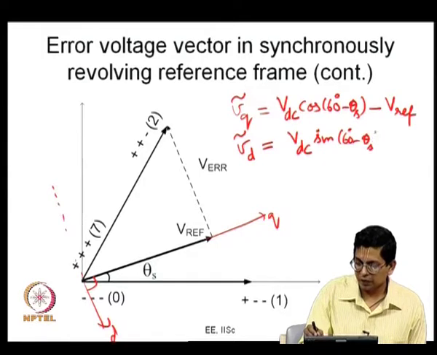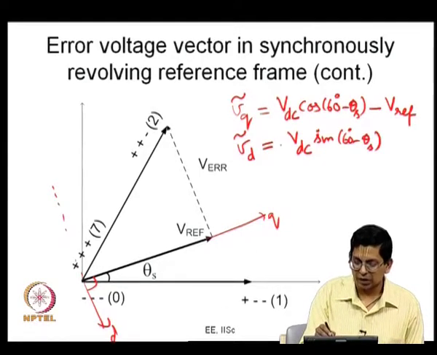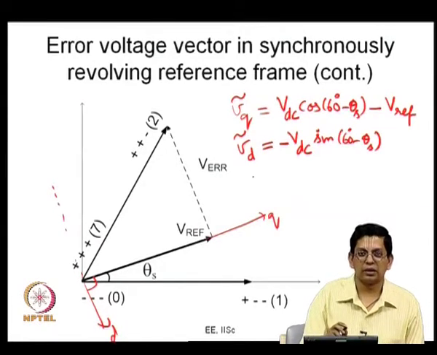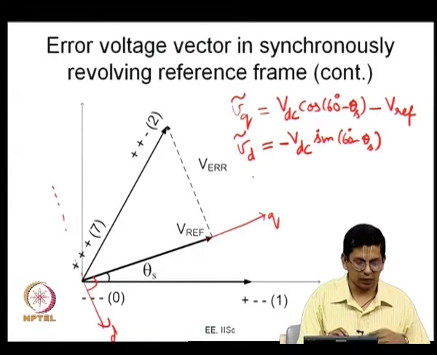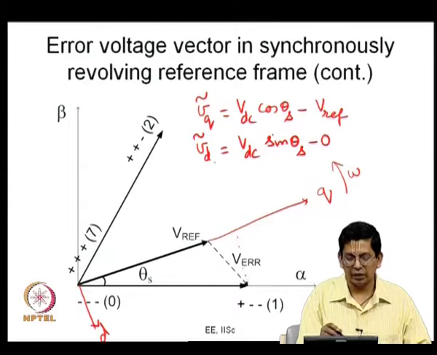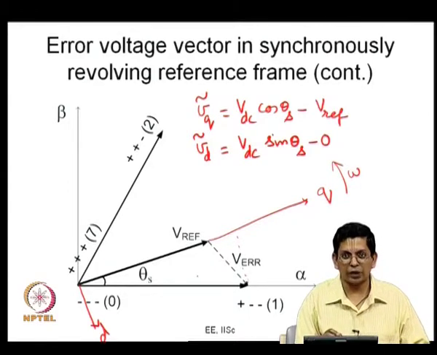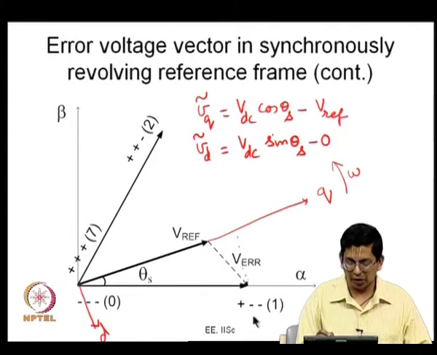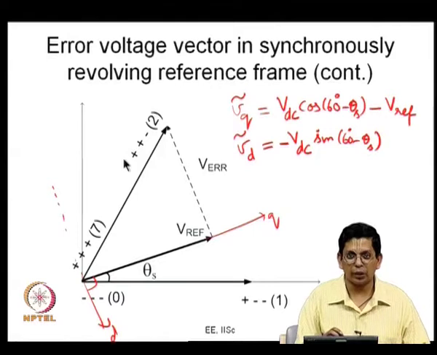This is in the direction opposite to the D axis, and therefore, we have minus VDC sine of 60 minus theta s. So, this is VQ tilde and this is VD tilde. We earlier saw how to express the error voltage vector in the DQ reference frame when active vector 1 is applied; similarly, when active vector 2 is applied, you can do this.